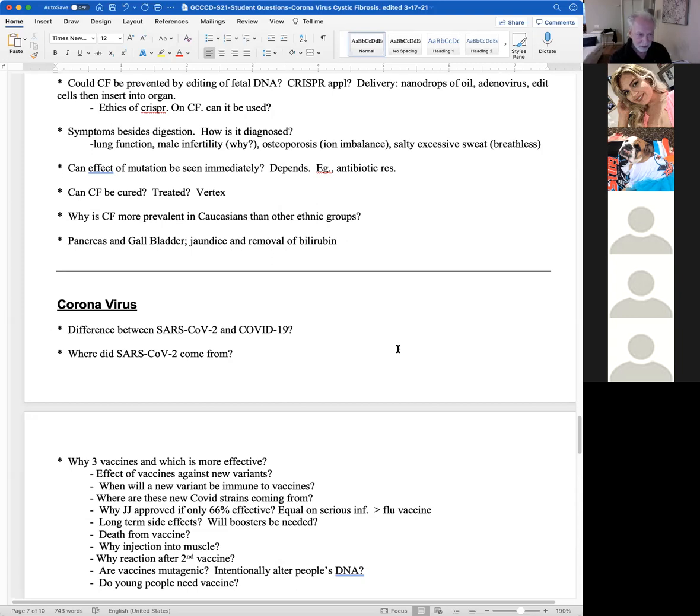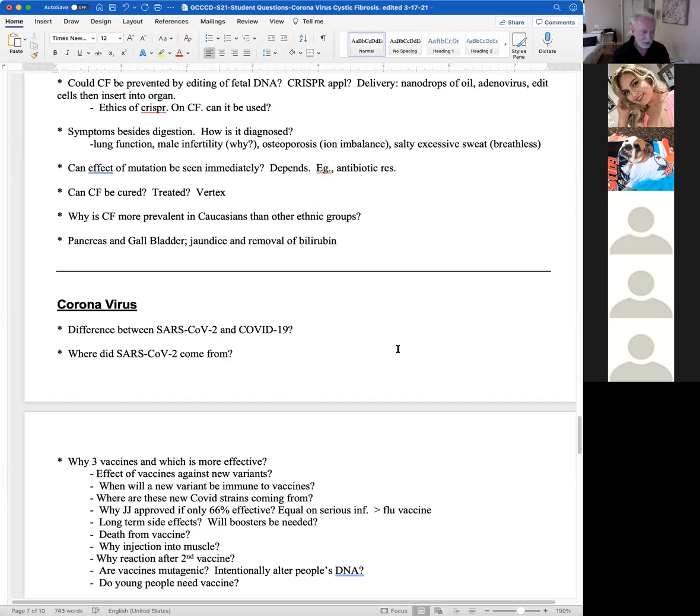The disease can progress, but it can be treated. But that only works on certain mutations. And again, when you research your project, you'll find out if there are chemicals available to treat the symptoms of your mutant. Oh, okay, thank you.